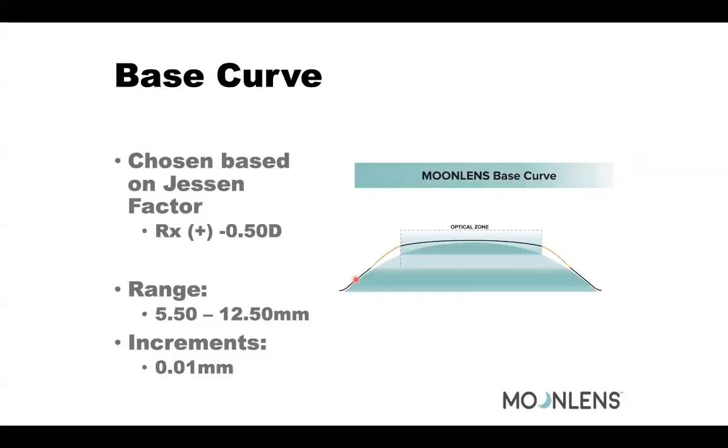So the base curve is going to have what is known as the Jessen factor, and it's going to be plus 0.50, and that's just to maintain the treatment for as long as we can, right? So we do want to go with this plus 0.50 to make the effect of the Ortho-k treatment last even longer.